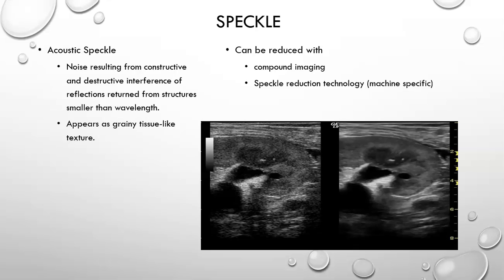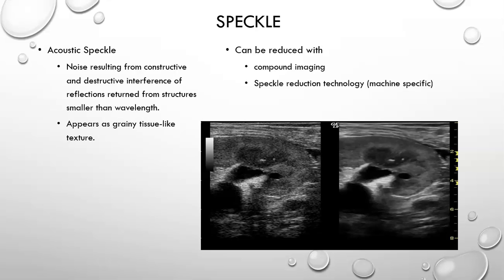Compound imaging can reduce speckle, and most machines today have speckle reduction technology that you can adjust in order to reduce speckle. The reason they don't ship them with the speckle reduction turned all the way up is that people are used to the type of image with speckle in it and not used to images without speckle.